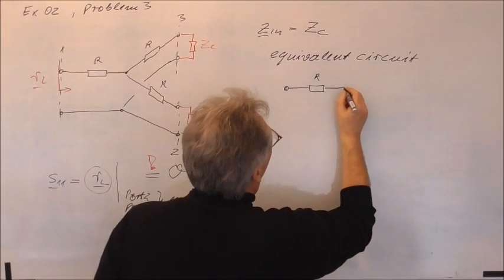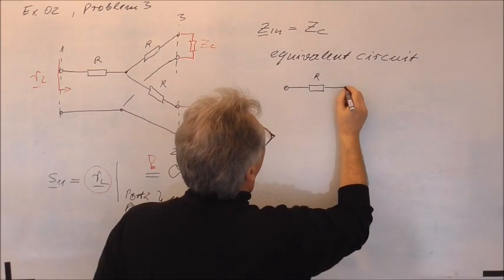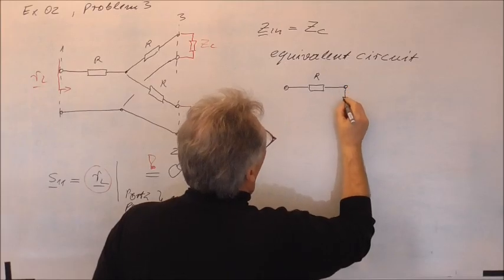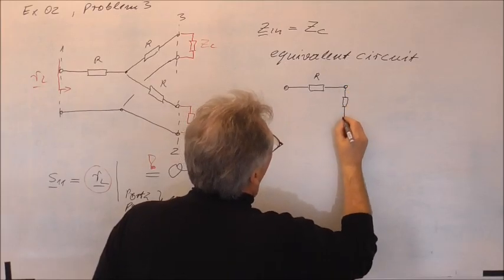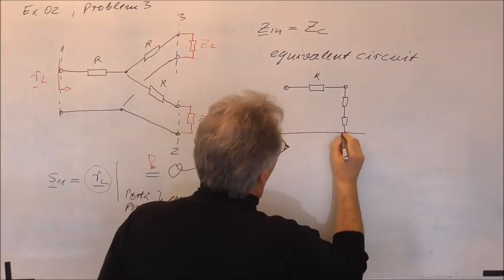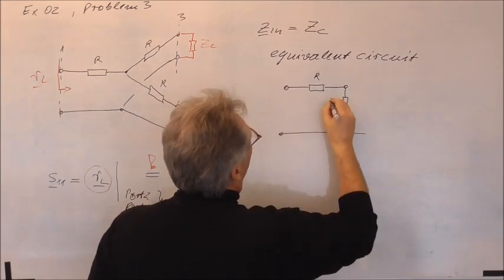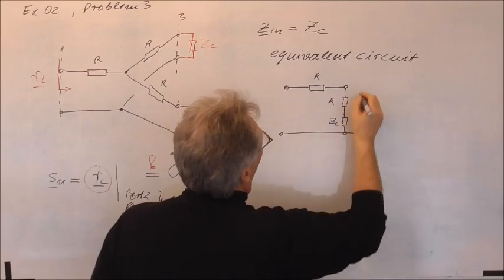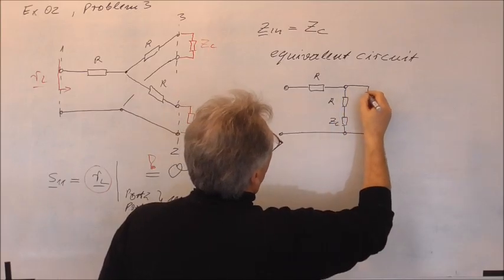And then we have the parallel connection of R with ZC. And here we have it a second time.